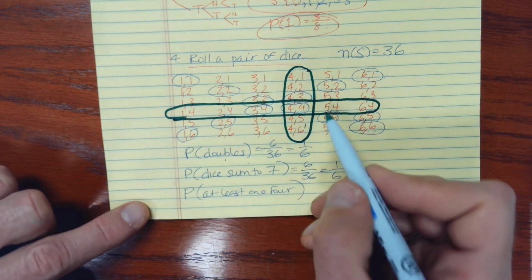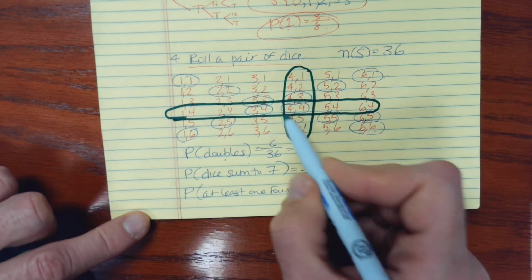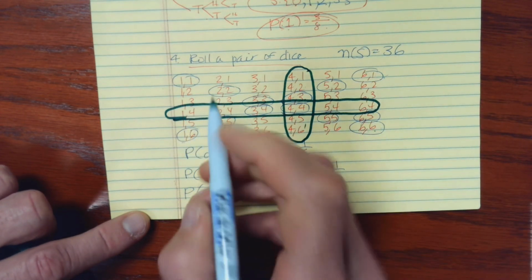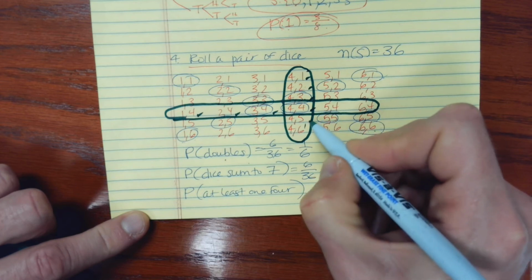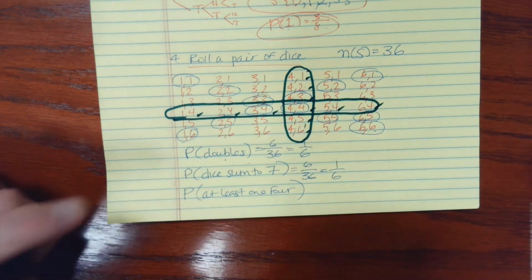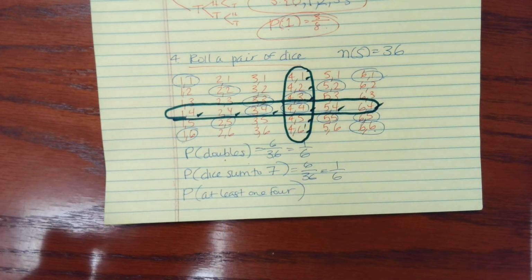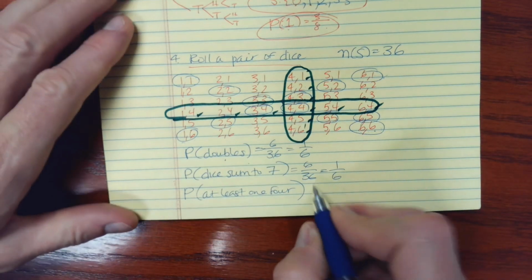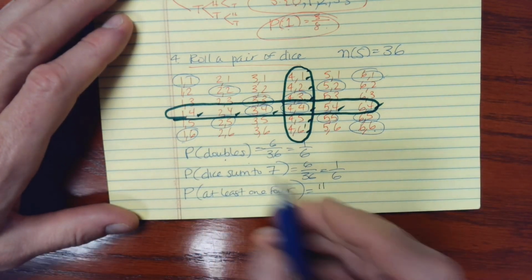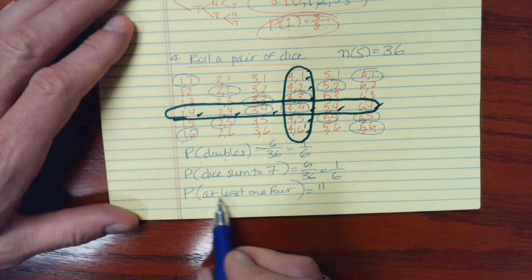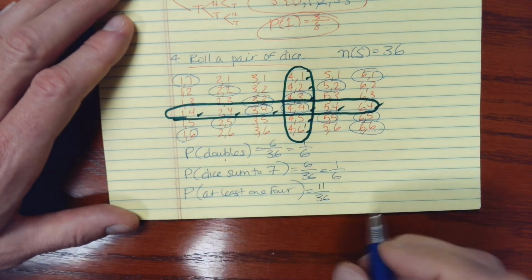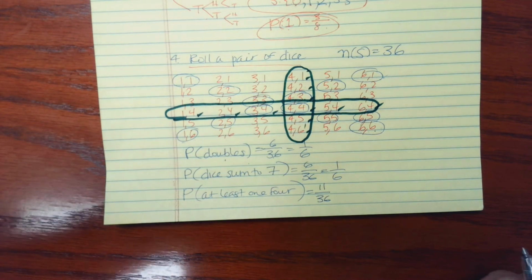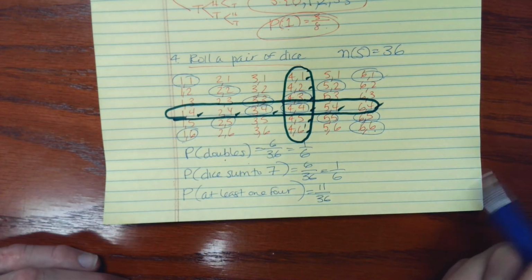I just want to be careful that I don't double count the double 4s. So there are 1, 2, 3, 4, 5, 6, 7, 8, 9, 10, 11. So there are 11 pairs that include at least one 4, and that's out of the 36, and those are equally likely, so that has a probability of 11 out of 36.